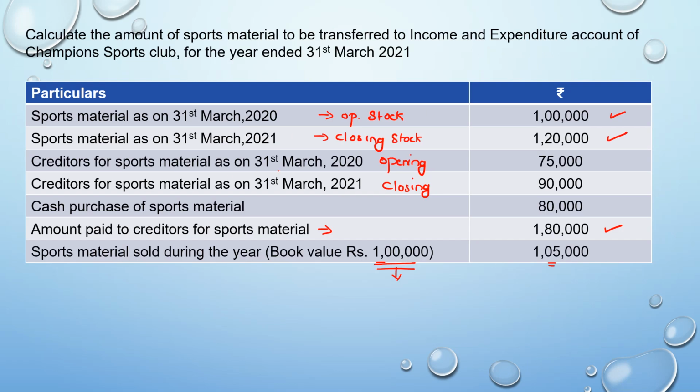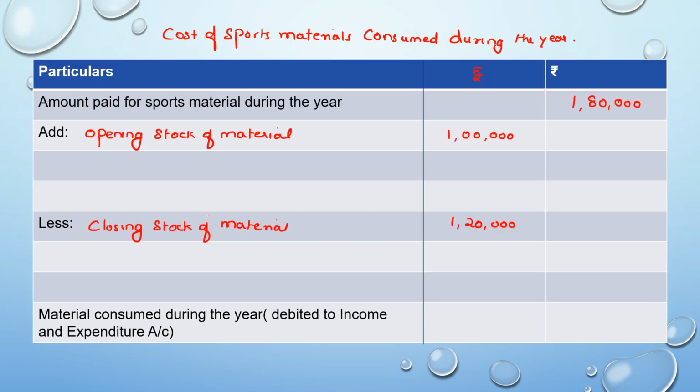The next we have is the creditors, opening 75,000, closing 90,000. So what do we add? We add the closing creditors and we subtract the opening creditors. So the closing creditors was 90,000 and the opening creditors were 75,000.